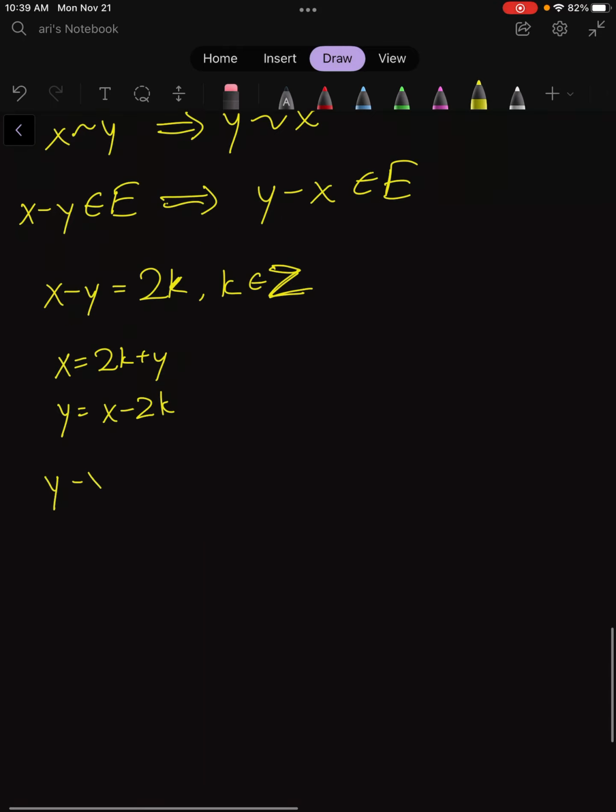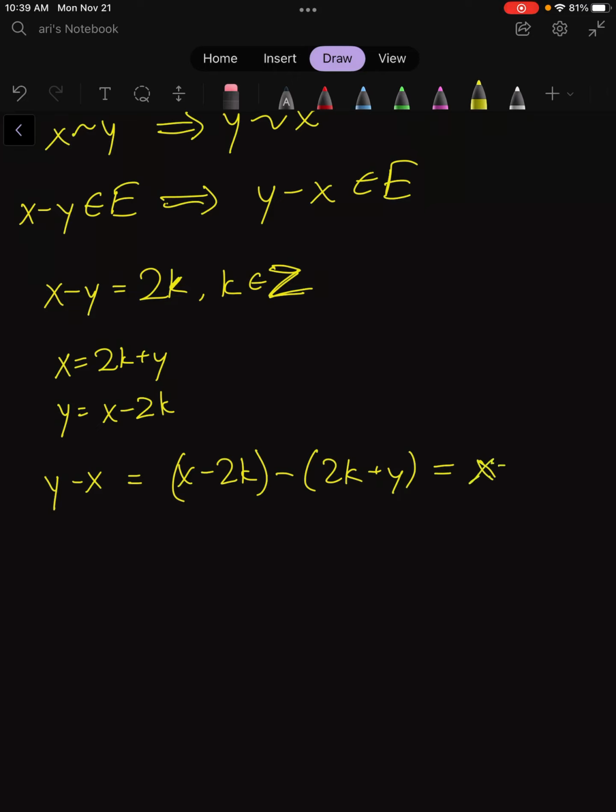So y minus x equals x minus 2k minus 2k plus y, which is equal to x minus 2k. So it's equal to x minus y. What did I just do? X minus y, y minus x. I did something wrong here.